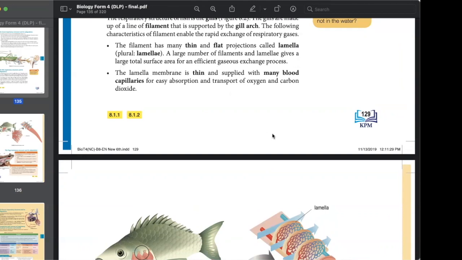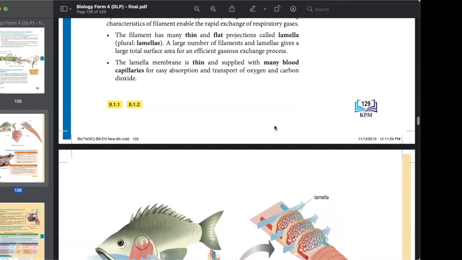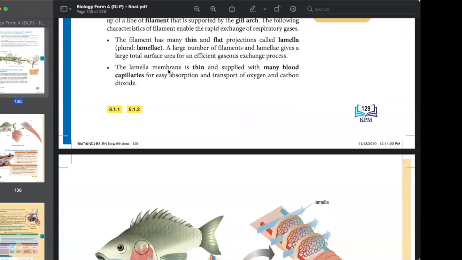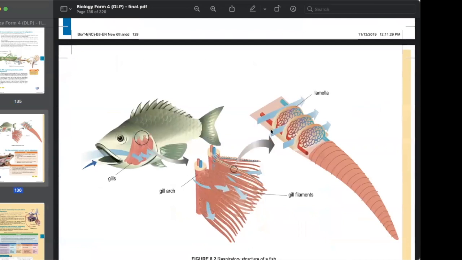So right now, if you notice, we have so many gill filaments and so many lamellae. Why is this important? To allow more gases exchange.